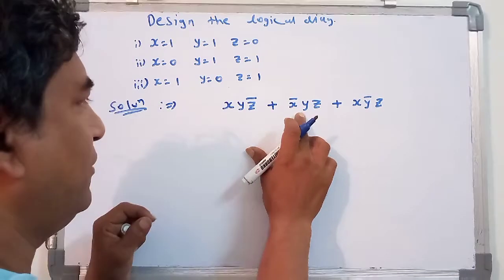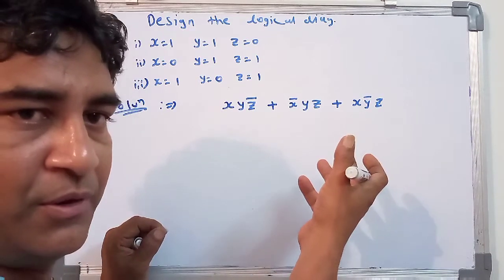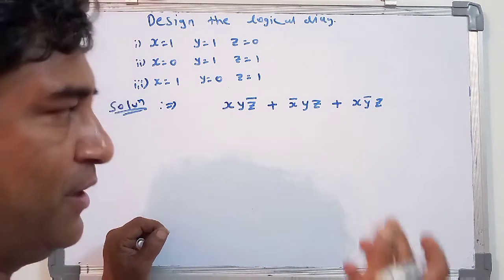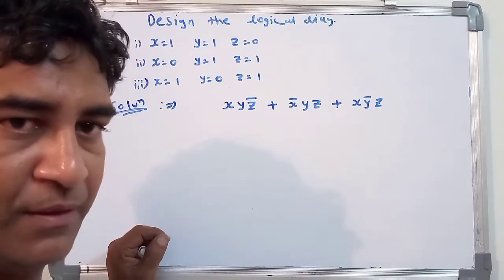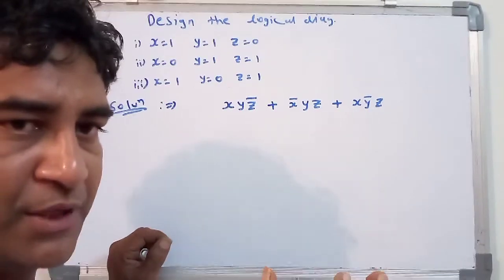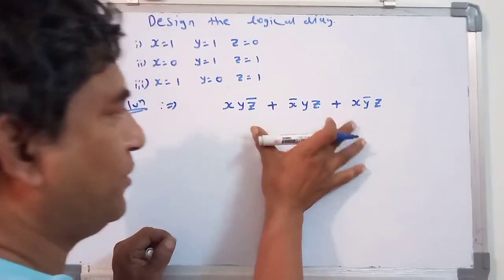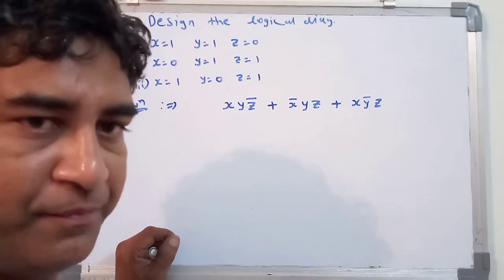Then you can try to solve this equation with Boolean laws, which we have studied previously. If you are not able to solve the Boolean equation, we will solve it with Boolean algebra, but for your understanding, just by observing this equation you are able to draw the logical diagram.